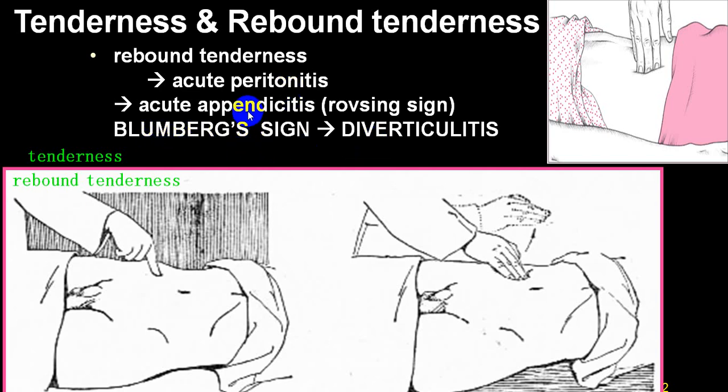You can get very classical Rousing sign in case of acute appendicitis, while Blumberg sign is in a case of acute peritonitis. Also you can demonstrate similar sign in case of diverticulitis also, but this is not common. It is more common for acute peritonitis, and Rousing sign is more common for acute appendicitis.